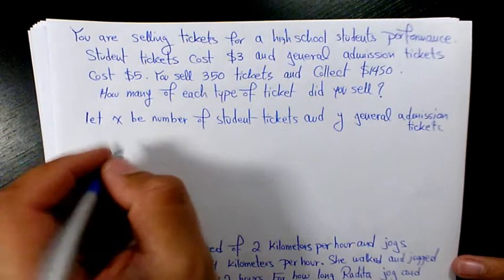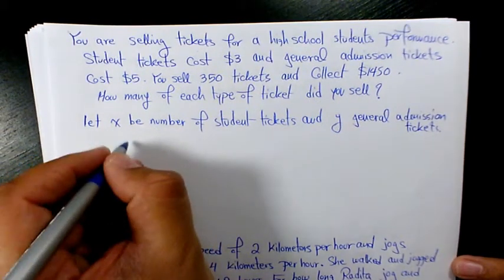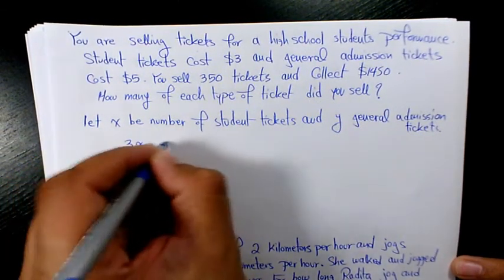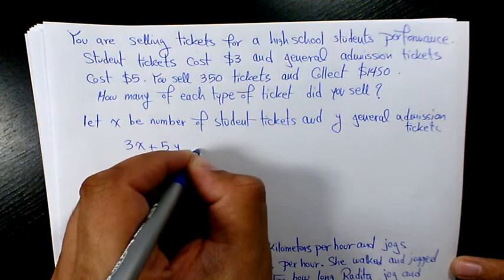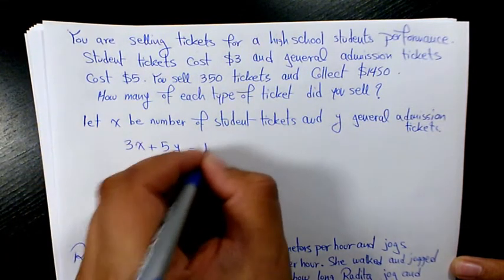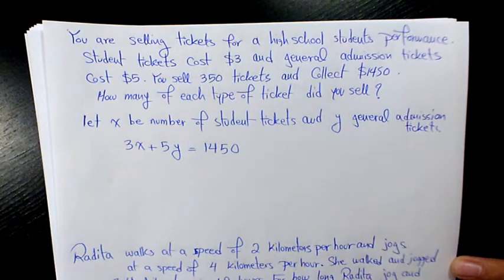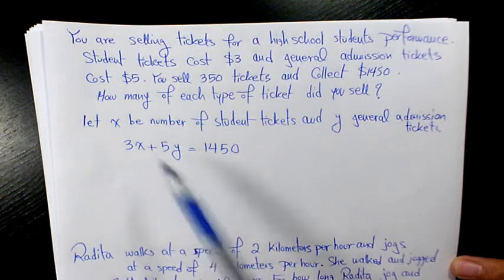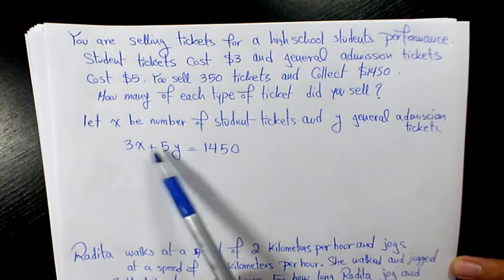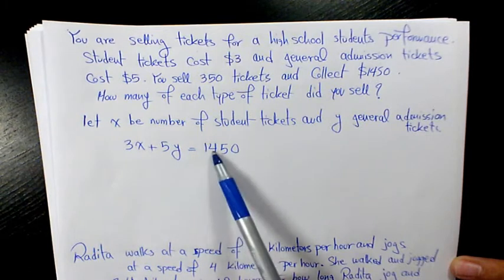So we have 3x plus 5y equals 1450. Again, make sure that each of them has the same concept. 3 times x plus 5 times y equals 1450.